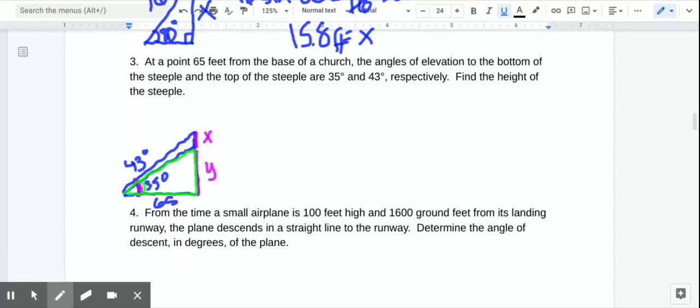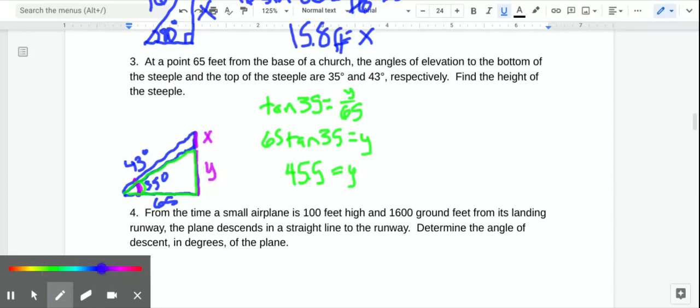With this 35-degree angle, we know that the tangent of a 35-degree angle is going to be y over 65. So we can solve that. We're going to multiply both sides by 65. Again, we're in degree mode, so we know that the church is 45.5.